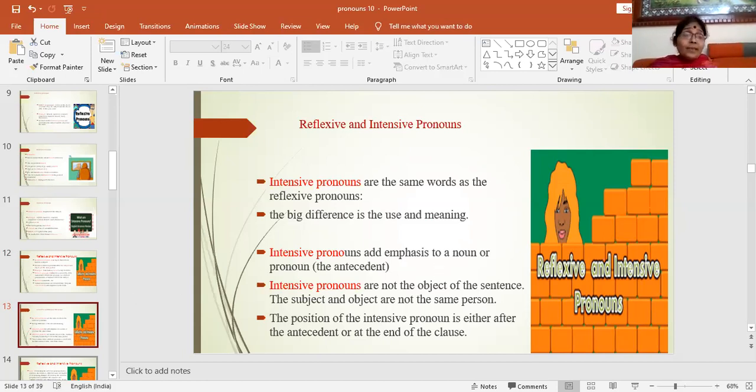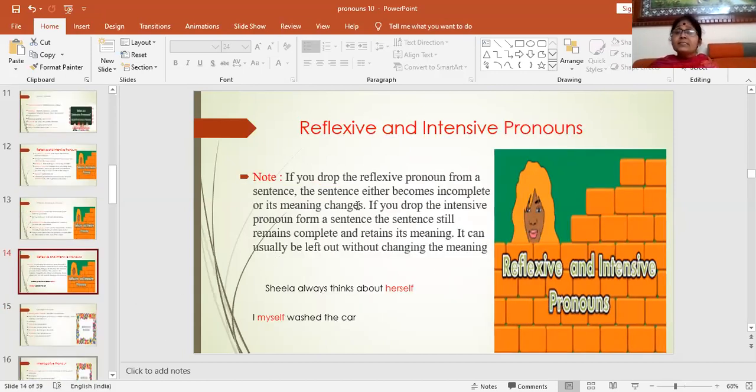Now, to make it more clear, suppose you drop the reflexive pronoun from a sentence, the sentence either becomes incomplete or its meaning changes. But if you drop the intensive pronoun from a sentence, the sentence still remains complete and retains its meaning.